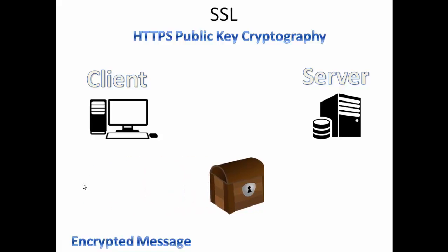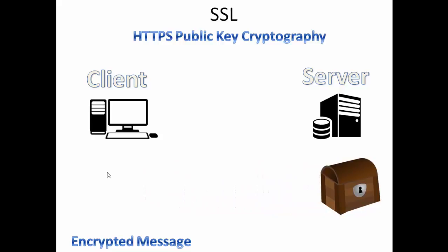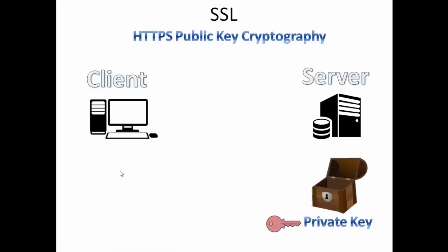So this encrypted message goes through the network, goes to the server, and the server has a private key. The public and the private key are related, but only the private key is able to open that message. And this private key is stored within the server or the company's environment. It is not public. If it were to be disclosed, that would certainly be a security breach.